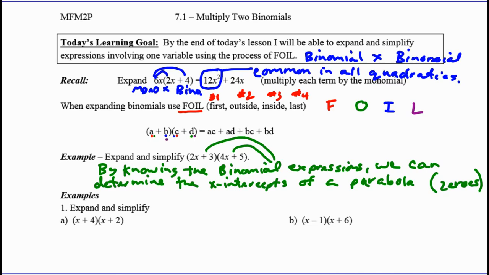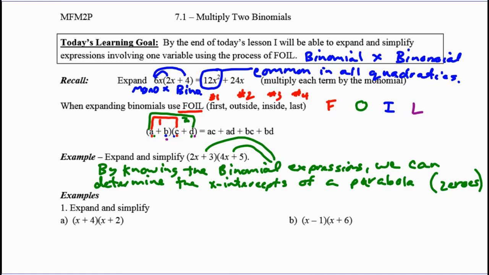So what we're going to do is our step number 1, first to first. Outside to outside, that's step 2.